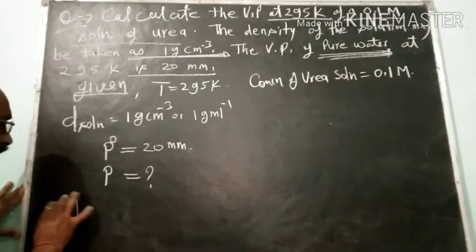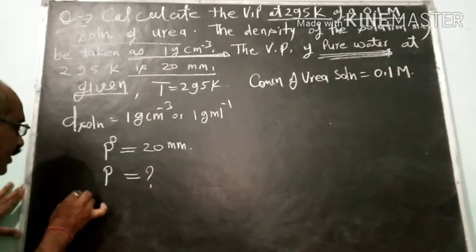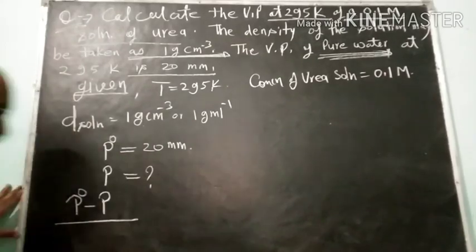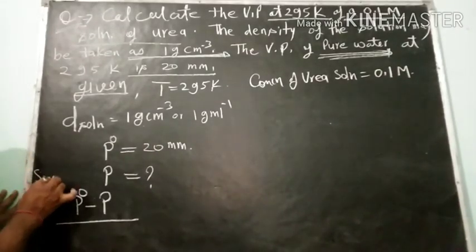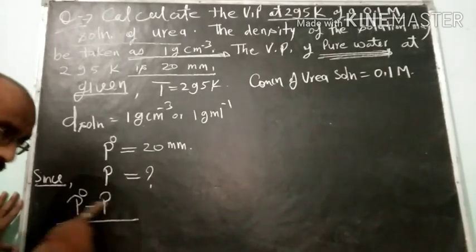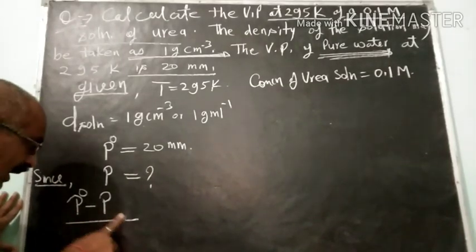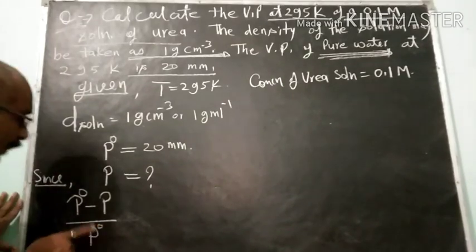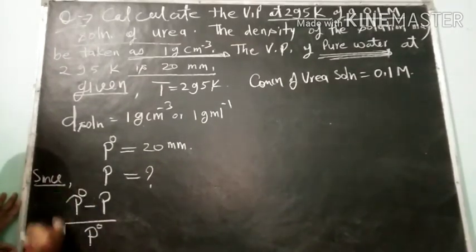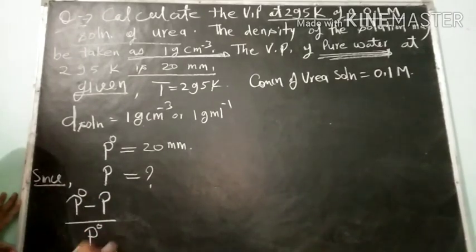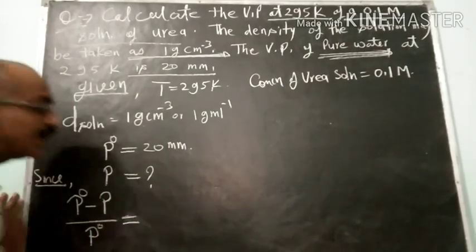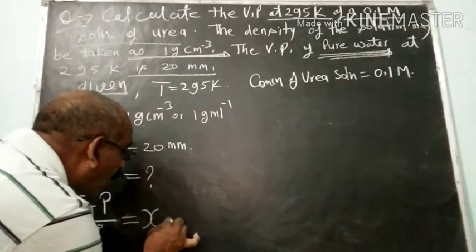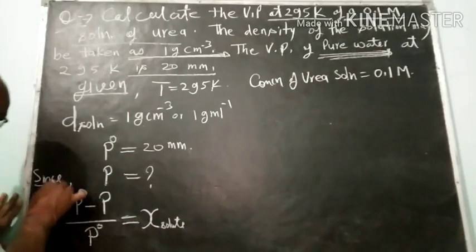As you know, according to Raoult's law, for a solution which contains a non-volatile solute, the formula is P naught minus P, means lowering in vapor pressure, over the vapor pressure of pure solvent, P naught, means relative lowering in vapor pressure, is equal to the mole fraction of solute.